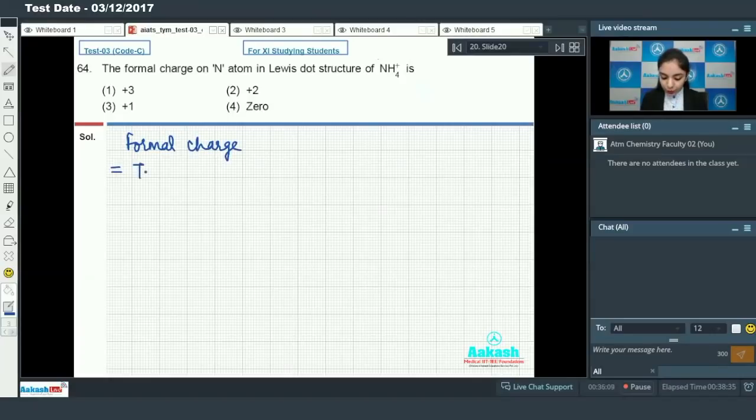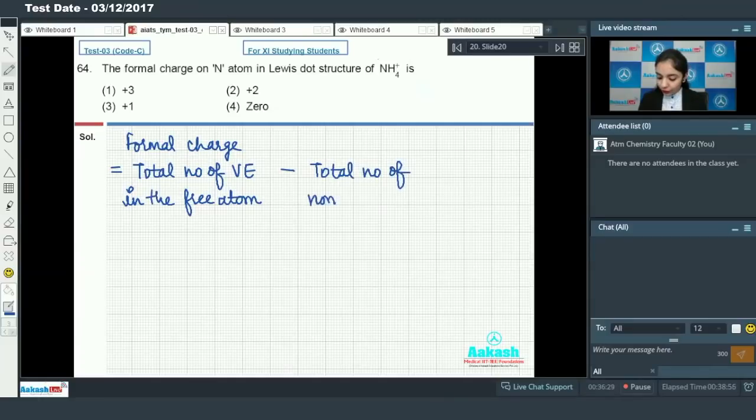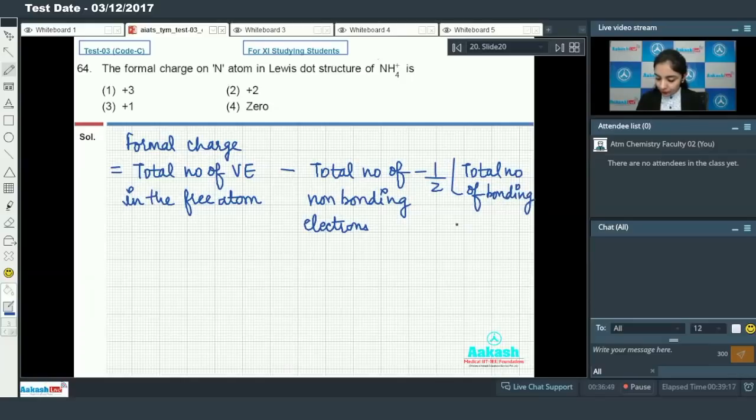So formal charge is equal to total number of valence electrons in the free atom, minus total number of non-bonding electrons which are present as lone pairs, minus half into total number of bonding electrons. So this is the formula for the calculation of formal charge.